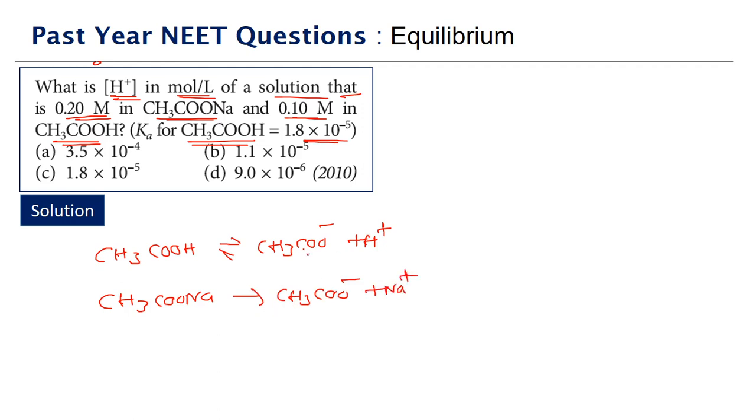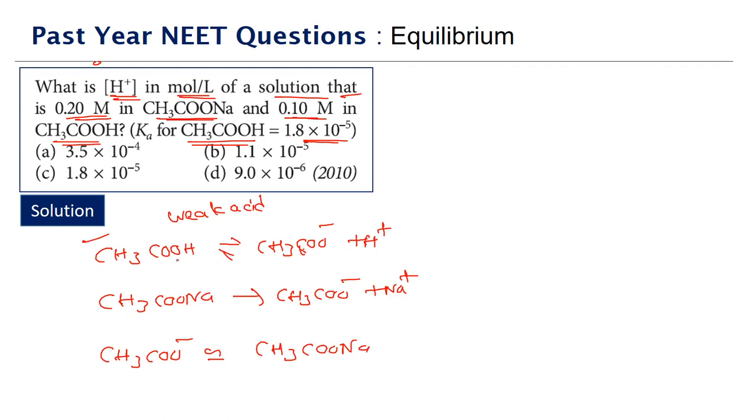Which means, since this is a weak acid, we can take the CH3COO minus concentration to be almost equal to the salt concentration. We neglect the contribution of the CH3COO minus coming from the acid dissociation.